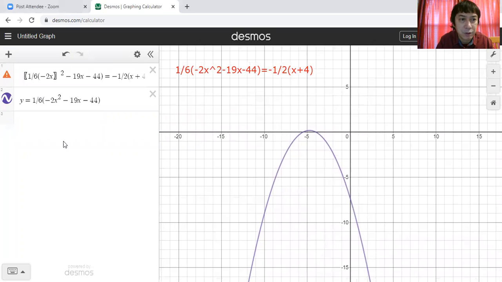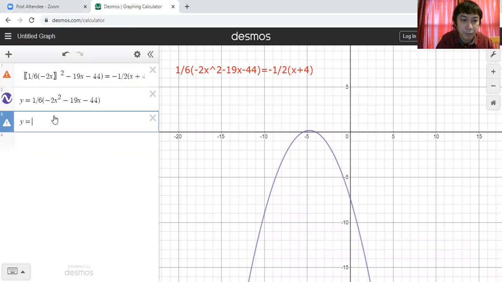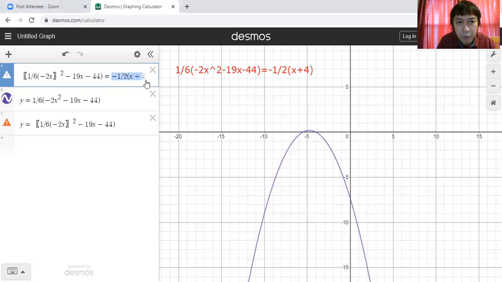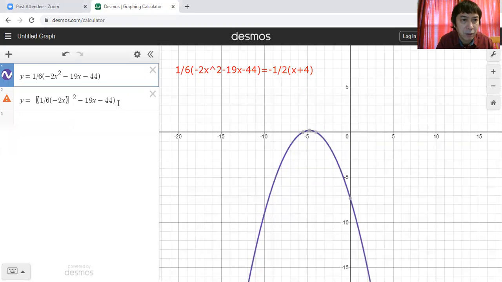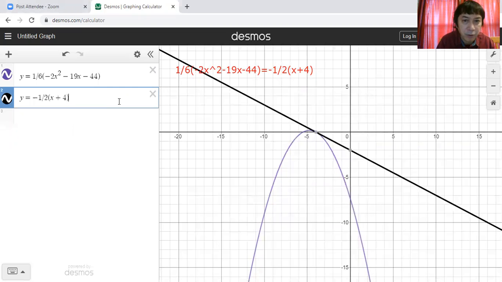All right, next. Write another equation for the right side. So y is equal to the right side. The right side is negative 1/2 times x plus 4. There. Let me copy that correctly. This is now there.